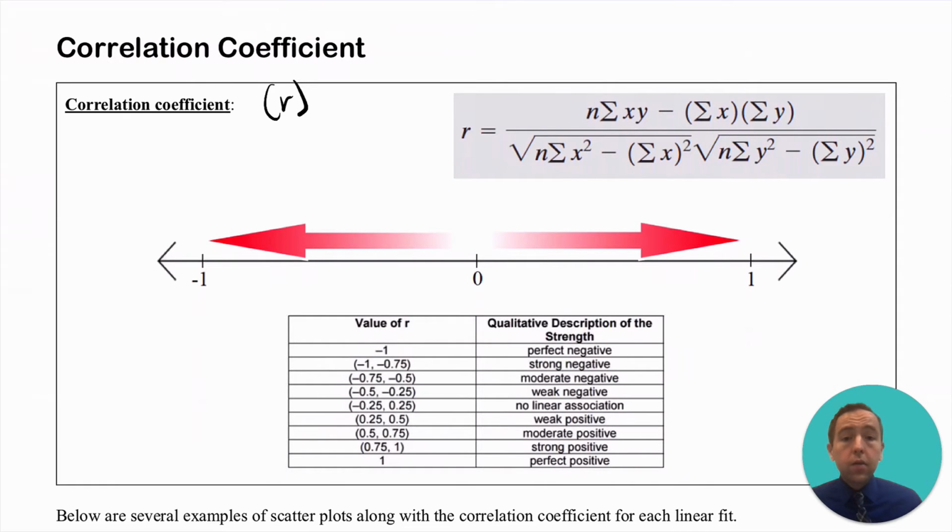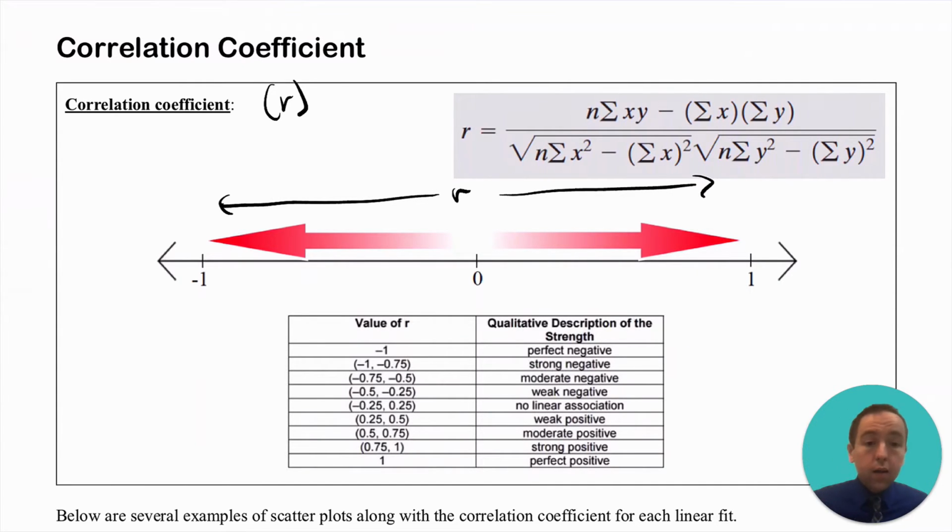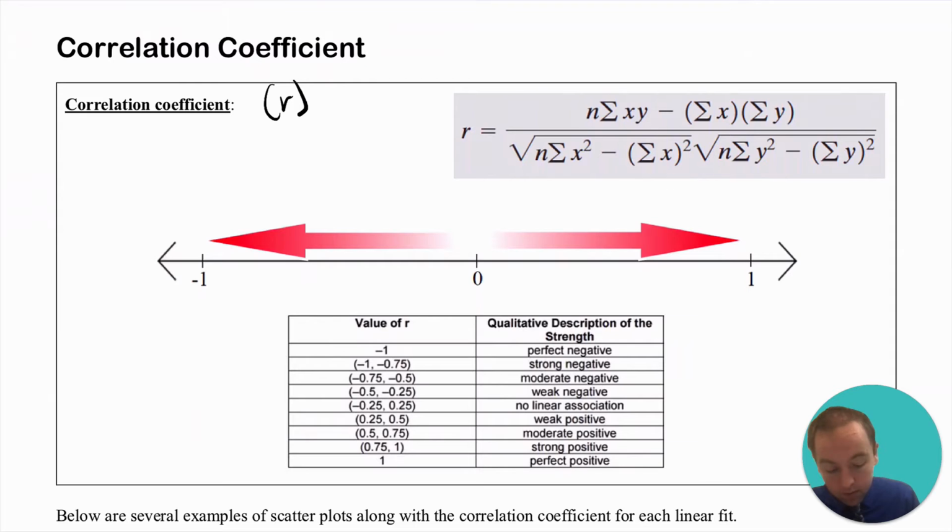There are a couple of things that a correlation coefficient will tell us. One thing you should understand is that the value for r is always going to be some number strictly between -1 and 1. It won't go anywhere outside of that range.